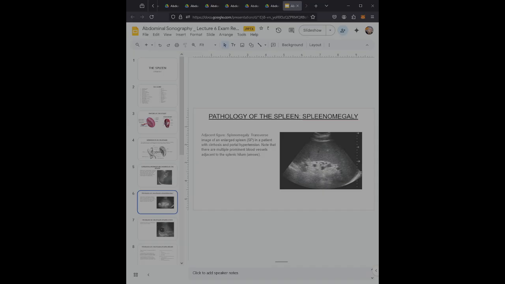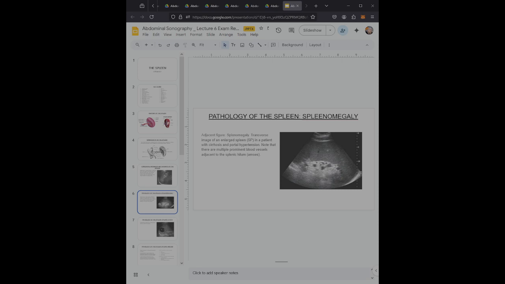Other causes of splenomegaly include trauma, leukemia, pediatric sickle cell disease, Epstein-Barr infection, etc. Clinical findings include a palpable enlarged spleen, certain hemolytic abnormalities such as sickle cells, trauma, infection, histories of cirrhosis, and a possible elevated white blood cell count.